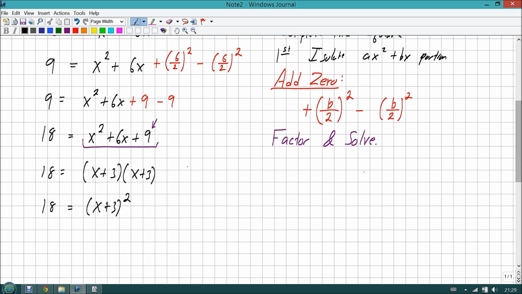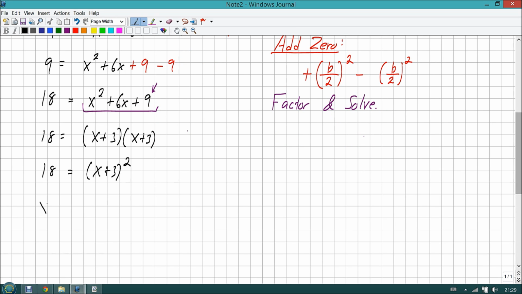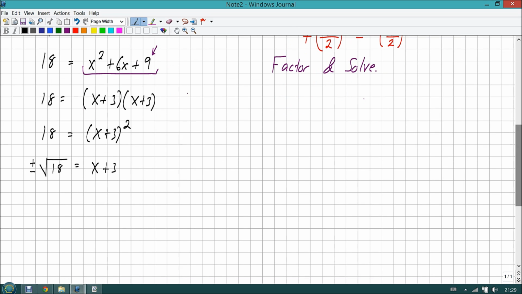I can then take the square root of both sides. Now when I do that, remember I have plus or minus the square root of whatever that number is, in this case 18. When I take the square root of x plus 3 quantity squared, I'm left with just x plus 3. Subtract 3 from both sides. I now have negative 3 plus or minus the square root of 18 is equal to x.